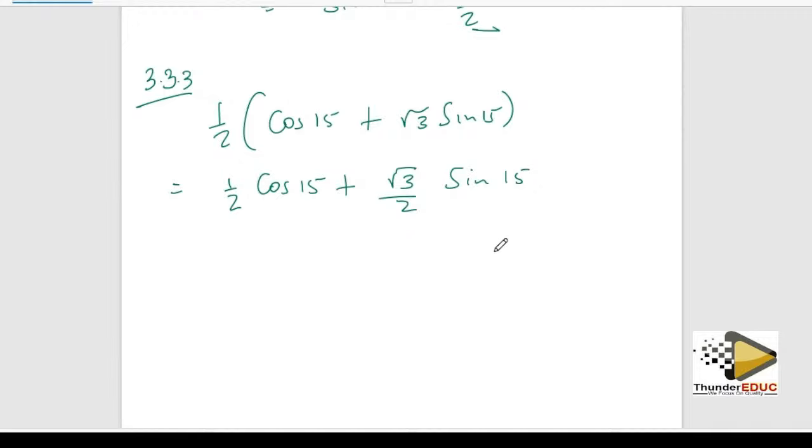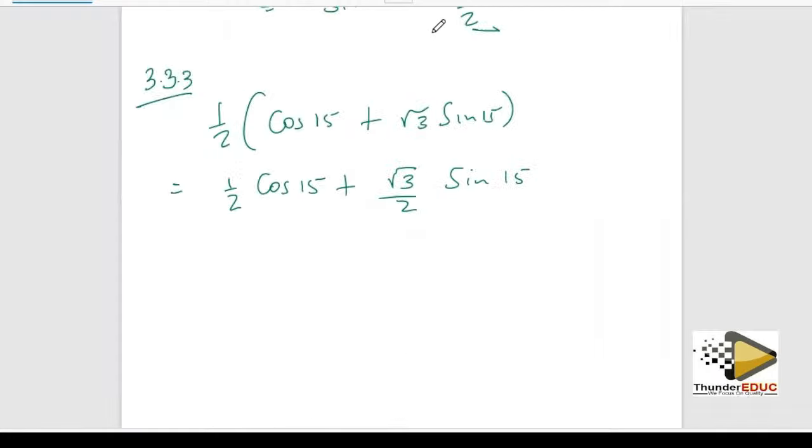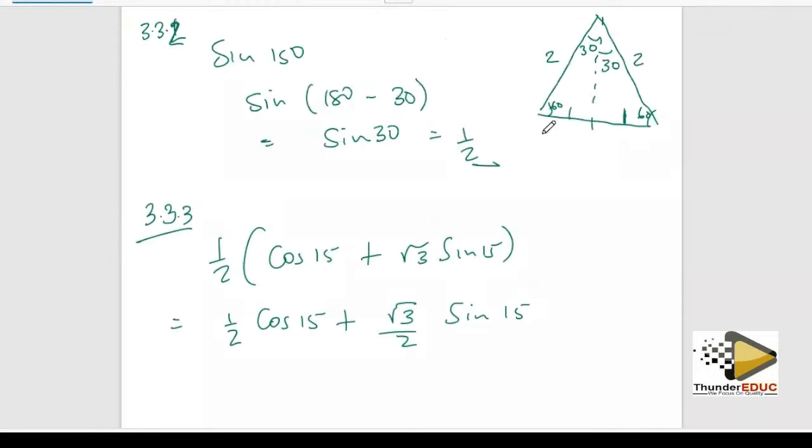So guys, when I look at my trig ratios, which angle from our special triangles is going to give us root 3 over 2 and also a half? Remember, from this big triangle again, we're calling this a root 3.